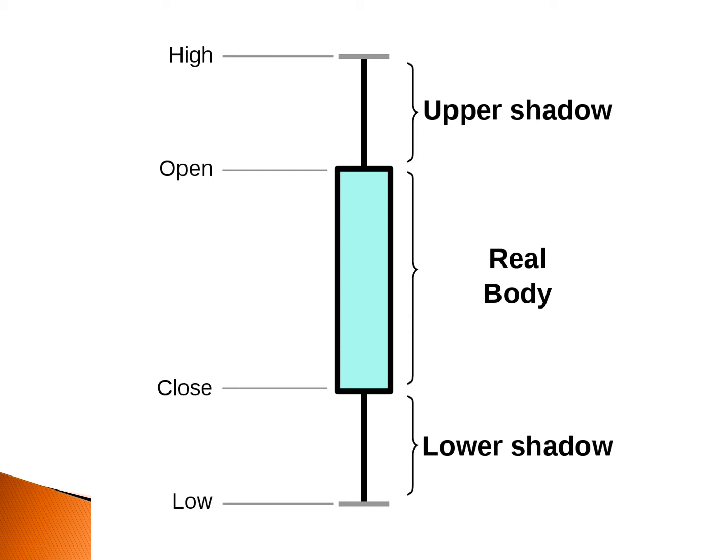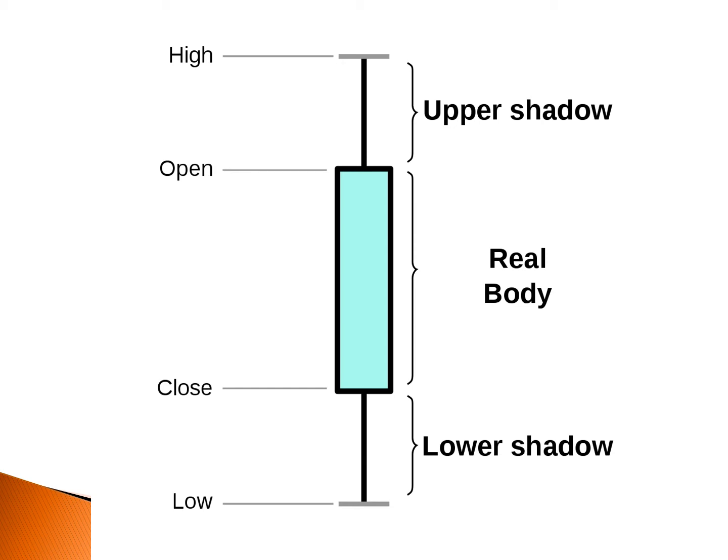But each candlestick is made up of different components. The real body is the middle. That's where the bulk or the real portion of the trading happened. And then you have a high and a low of the day.